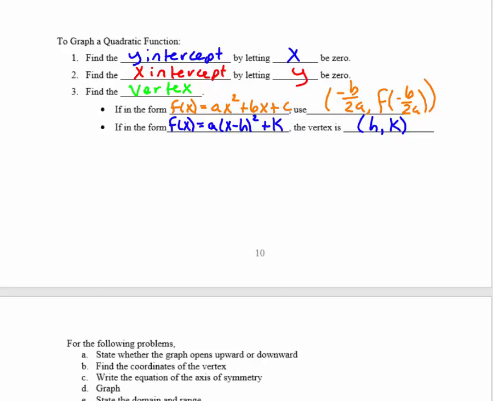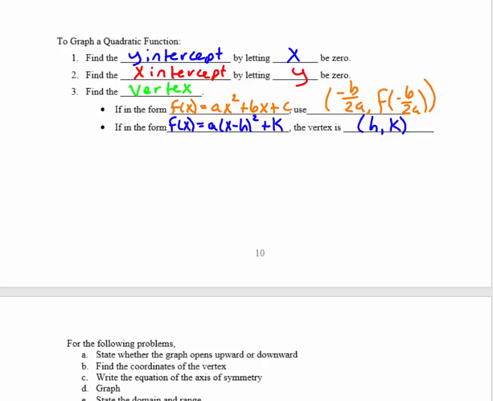To do so, if you're in the form of f of x equaling ax squared plus bx plus c, we have a formula. And the formula is opposite of b over 2a, then whatever that number is, you plug it back in to find the y part of the vertex. Now, if you're in the form of f of x equaling a parentheses x minus h quantity squared plus k, the vertex pops out.